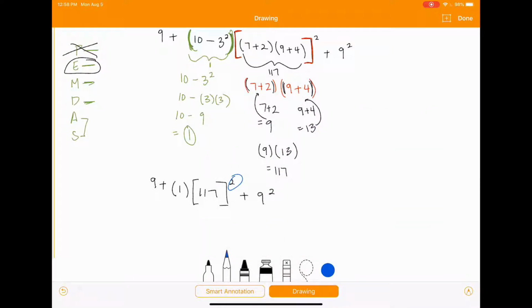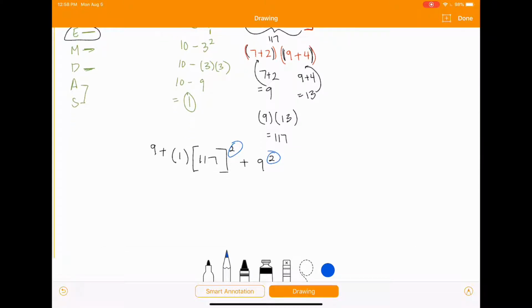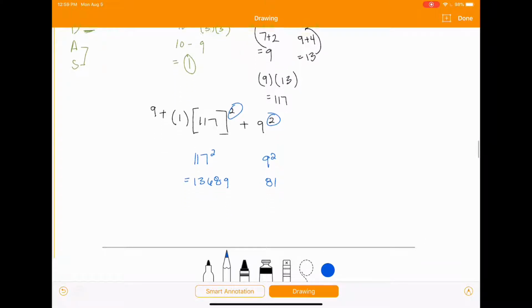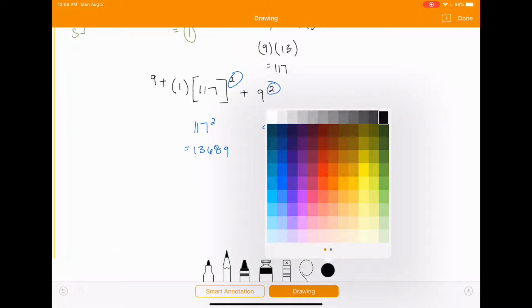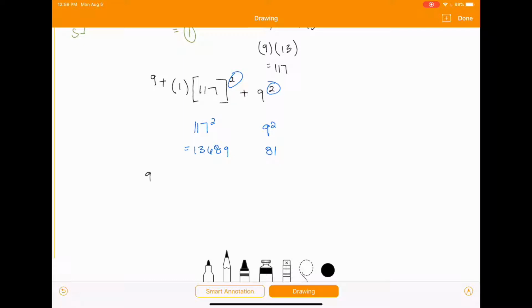So we've got this one and we've got this one. So 117 squared and 9 squared. 13,689, and that's going to be 81. So we can go ahead and rewrite our expression again. So 9 plus 1, 13,689 plus 81.